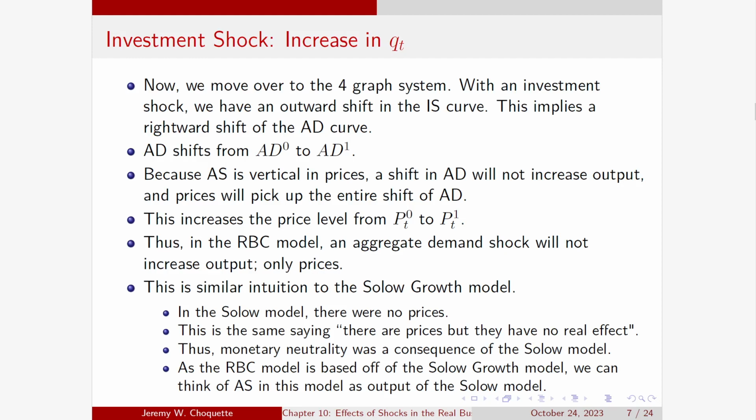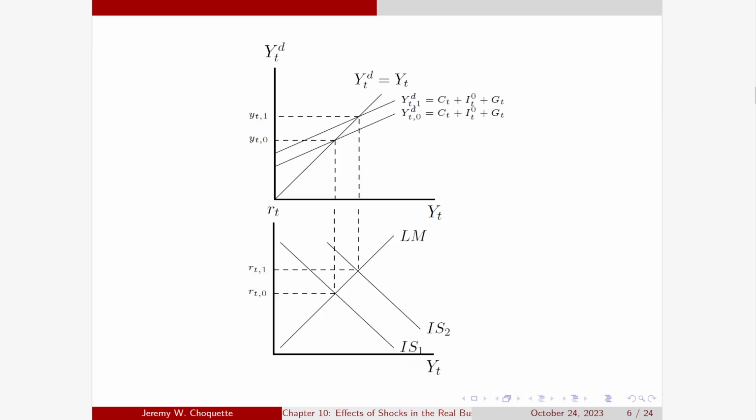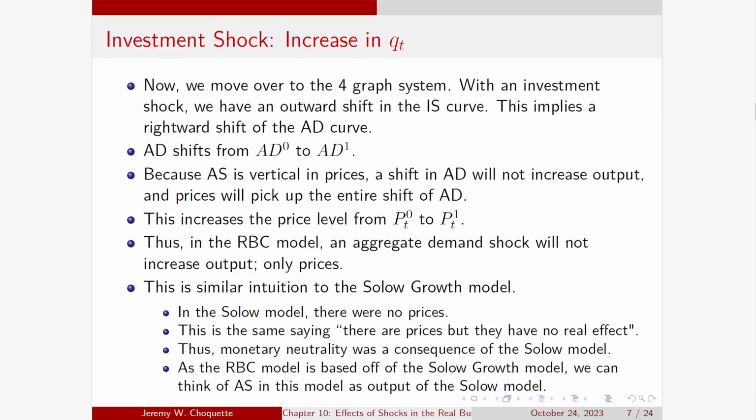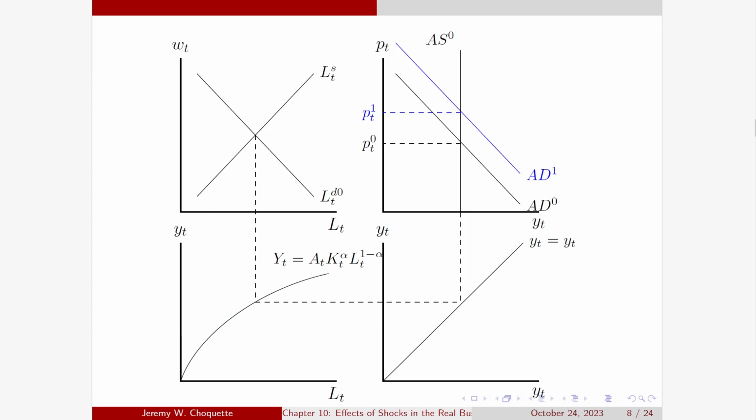With an investment shock, we have an outward shift in that IS curve, as we saw right here, which is going to imply a rightward shift of the aggregate demand curve. So aggregate demand shifts outward. Now, if aggregate supply were upward sloping in the direction this mouse is going, we'd get a little bit of a change in output here.